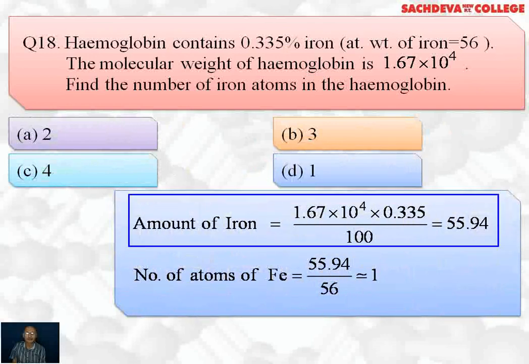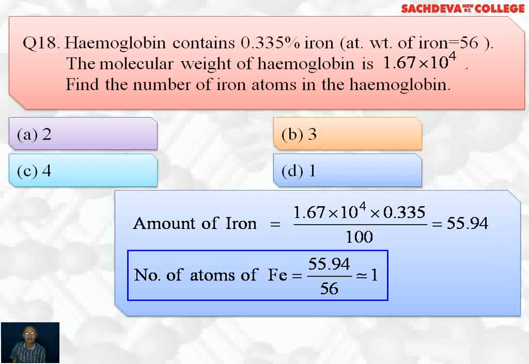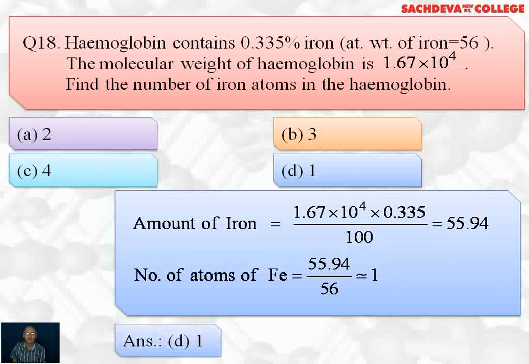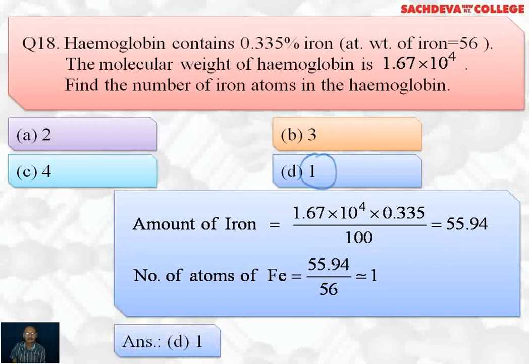How to calculate amount of iron will be molar mass of hemoglobin, that is 1.67 into 10 to the power 4 into 0.335 divided by 100. So it comes out to be 55.94. Number of atoms we will find out by dividing 55.94 with the atomic weight of iron. That comes out to be nearly 1. So the correct answer is 1 atom. D part is the correct answer.